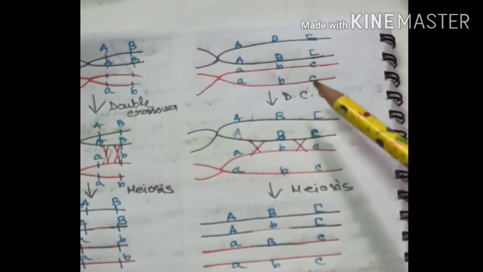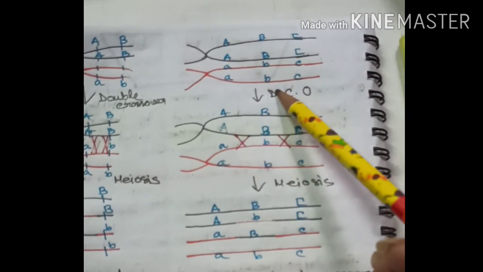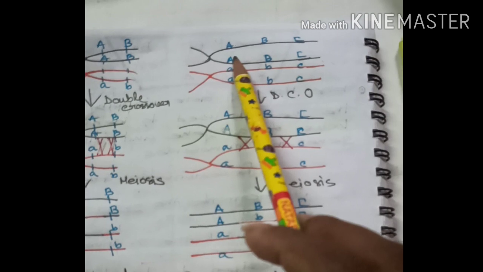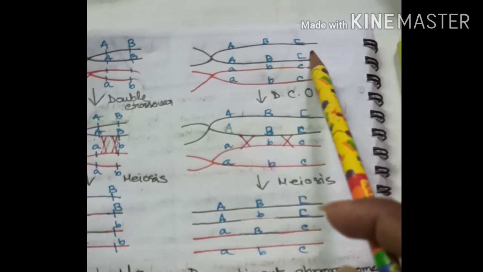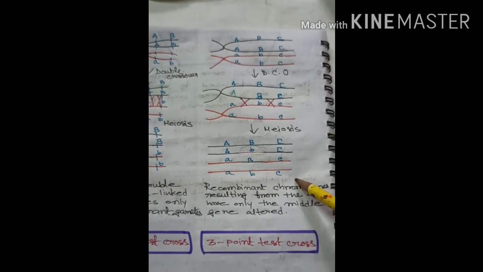But in the case of the 3-point test cross, 3 genes are involved, and after double crossover between them, a recombinant will form. That's why we take the 3-point test cross rather than the 2-point.